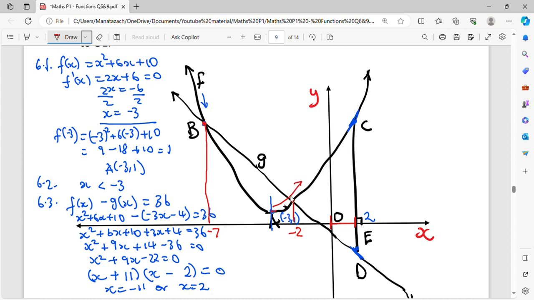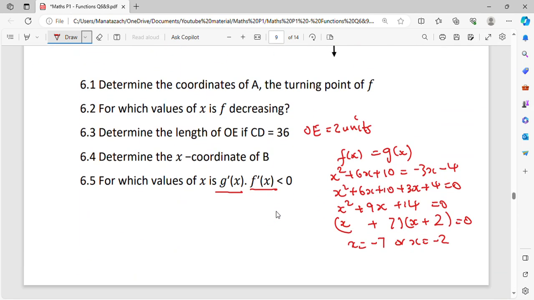So the product of the gradients will be negative where x is greater than minus 3. Right, so our answer here, we're going to say x is greater than minus 3. Then this condition will hold.